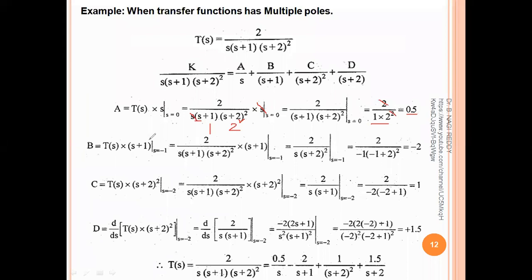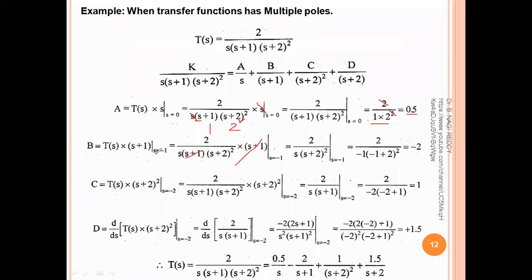In a similar way, for calculating the b, we must multiply the transfer function with the s plus 1 term. So we can cancel the numerator s plus 1 and the denominator s plus 1, so that we will have 2 by s into s plus 2 whole square.